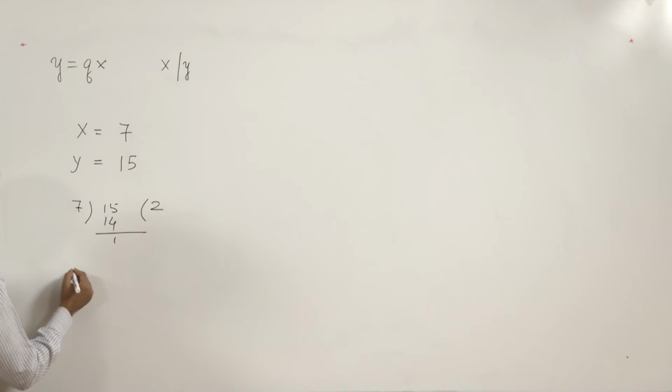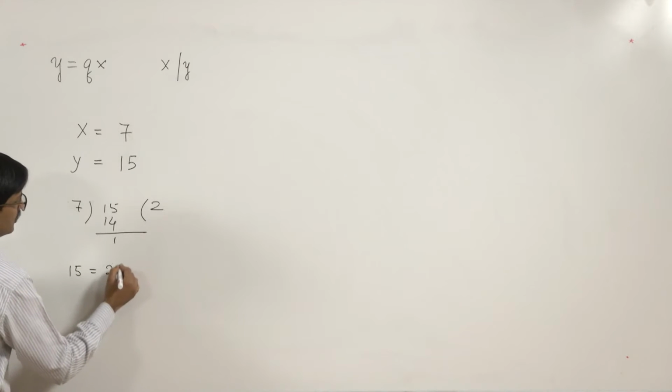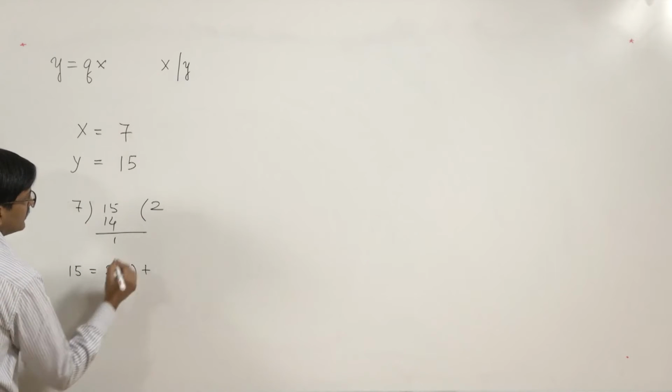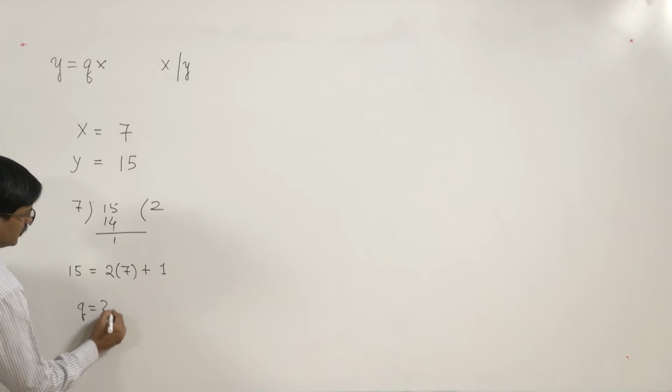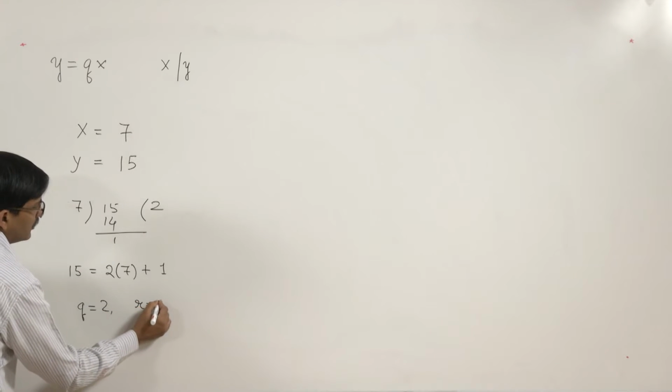So, I can write 15 equal to 2 times 7 plus 1. In this case my q is 2 and r is equal to 1.